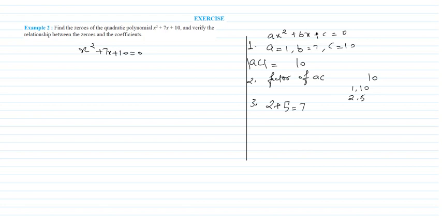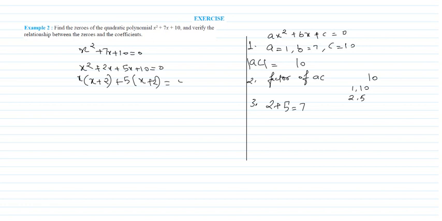So we put this into the given equation: x square plus 2x plus 5x plus 10 is equal to 0. We take x common out of the first two terms, so it will be x plus 2, and we take 5 common out of the last two, so it will be x plus 2 again.